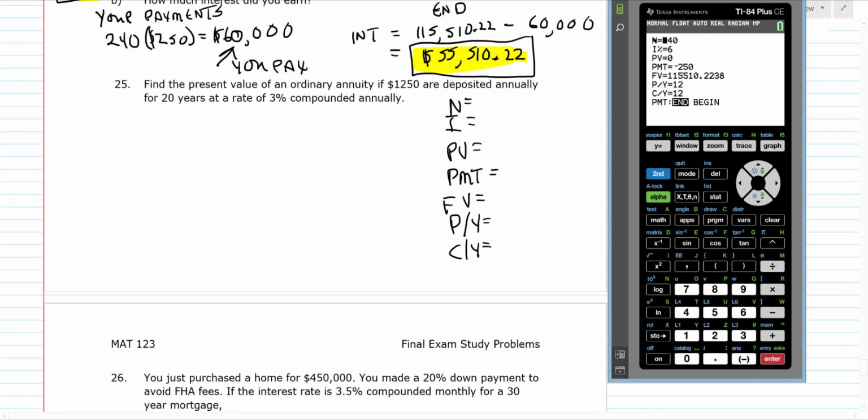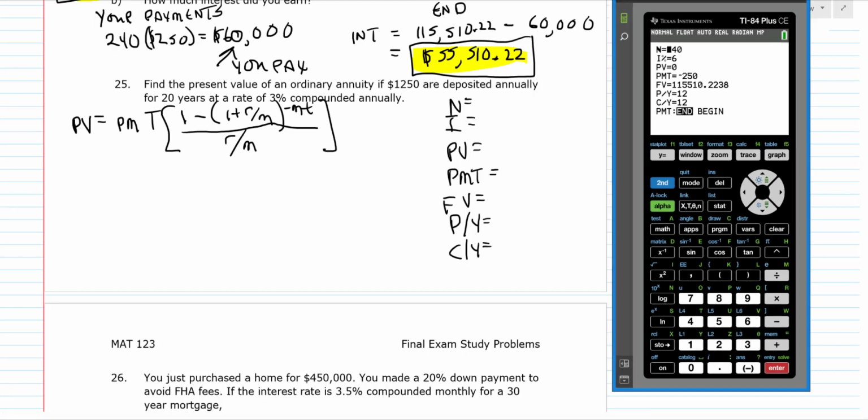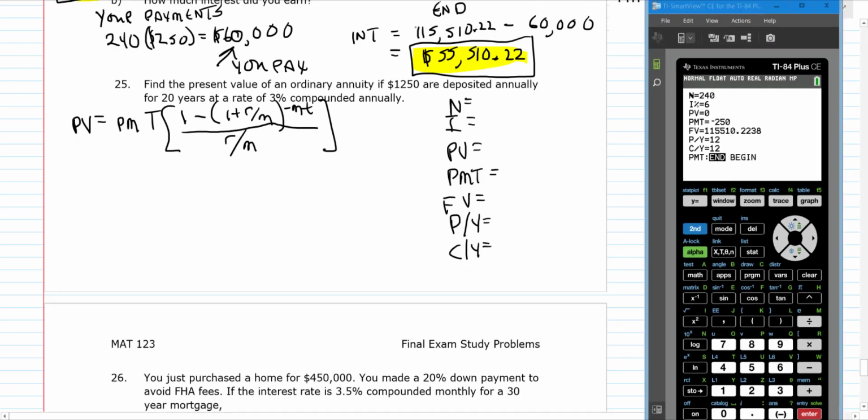Okay, so the present value of an annuity goes like this. PV is equal to PMT times (1 minus (1 plus R over M) to the negative MT) all over R over M. This formula is given on the exam. That's how you find present value. So anyway, in this problem, if you read what you have here, $250 is deposited annually, so your payment, use a negative number.